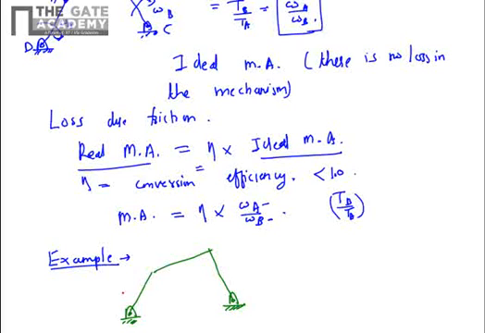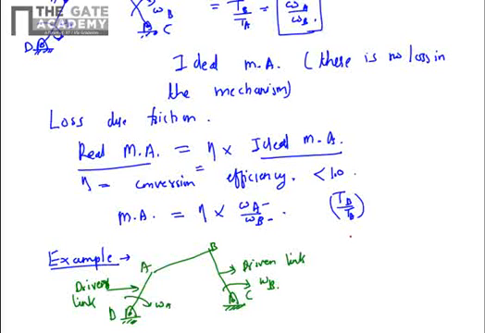This is a fixed link, and we have A, B, C, D as we showed earlier. This is the driver link, and this is the driven link. The speed of this link is omega A, the speed of this link is omega B.